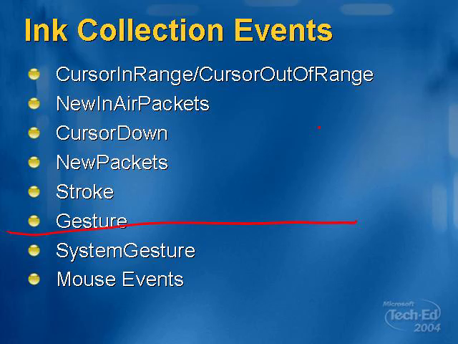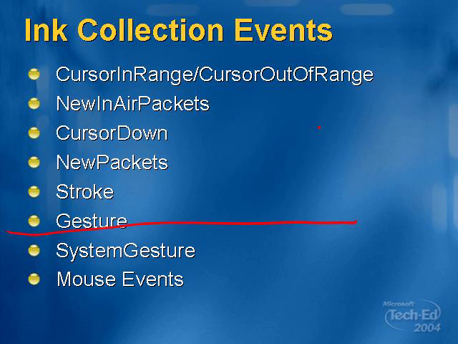Then once the pen comes up, you'll get a stroke event, letting you know that a new stroke has been added to the ink object. That actually depends on your mode. If you're in ink and gesture mode, you may get a gesture event before you get that stroke event.